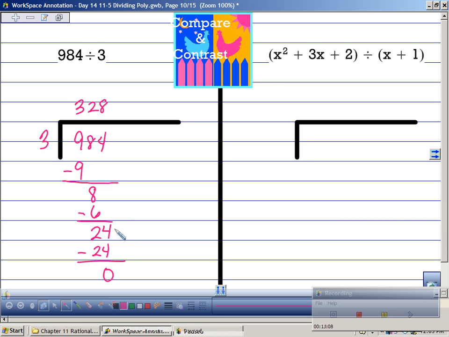I'm going to do the exact same process with this. X goes into x squared how many times? X times.